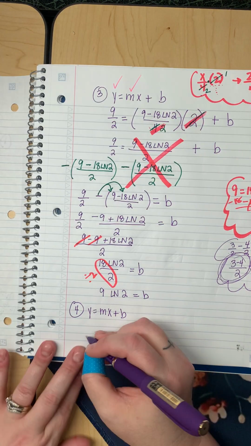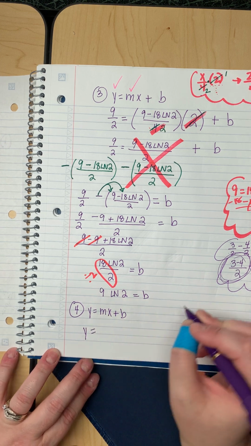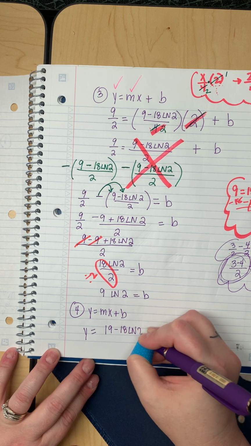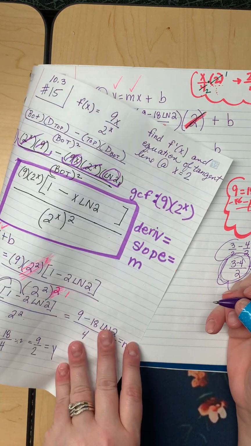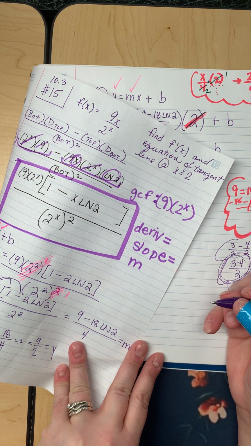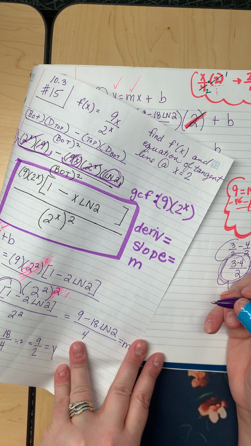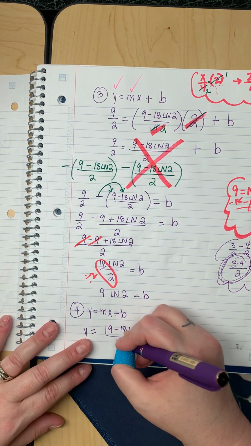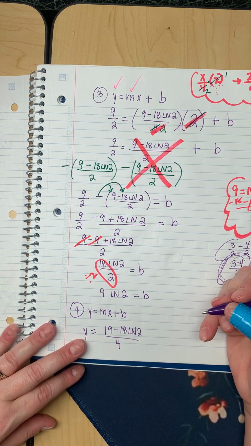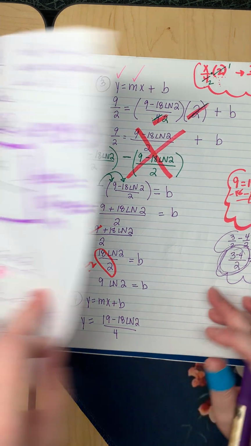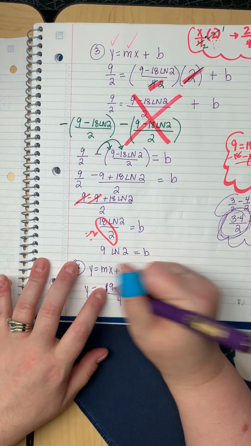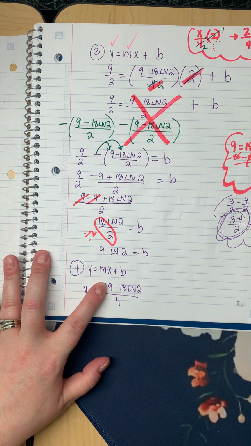So we're going to have y equals 9 minus 18 ln 2 over, what was it? Four. My bad. 4.